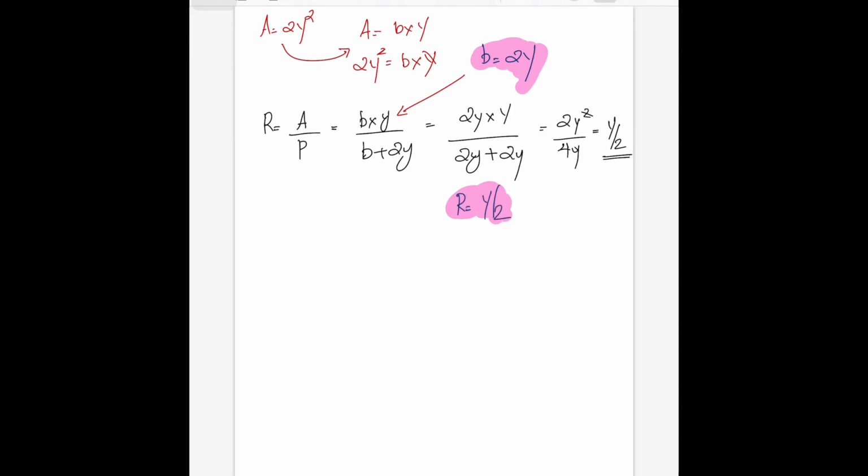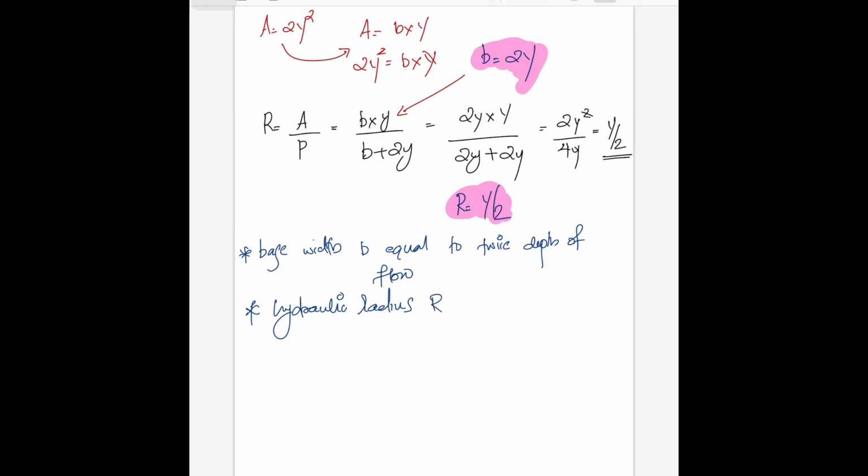So, writing it as a statement, we can say the base width or bottom width B should be equal to twice the depth of flow, and the hydraulic radius R should be equal to half of the depth of flow.